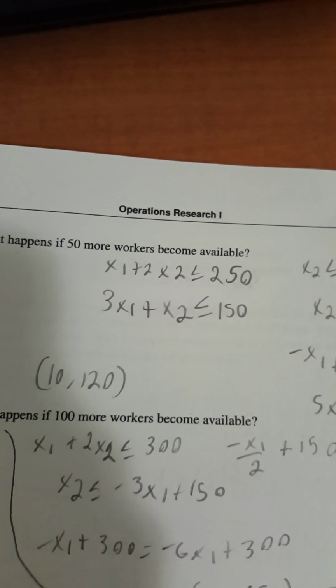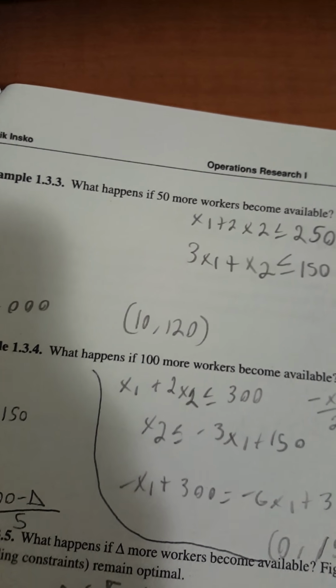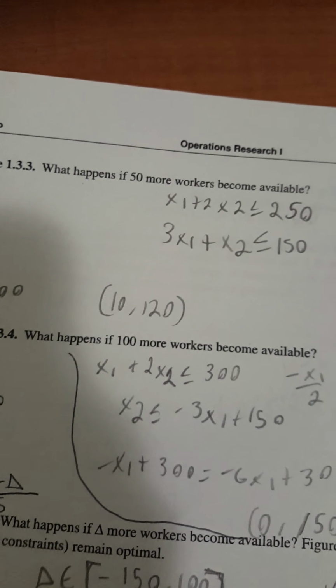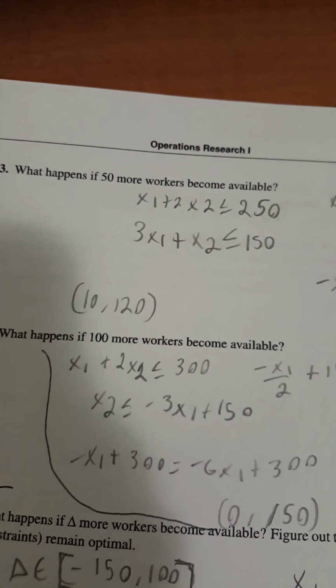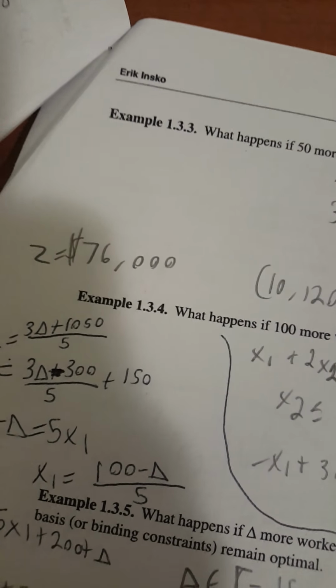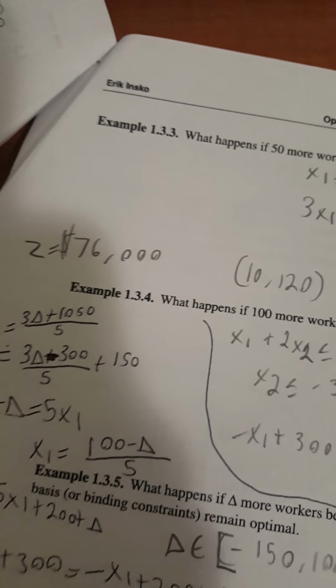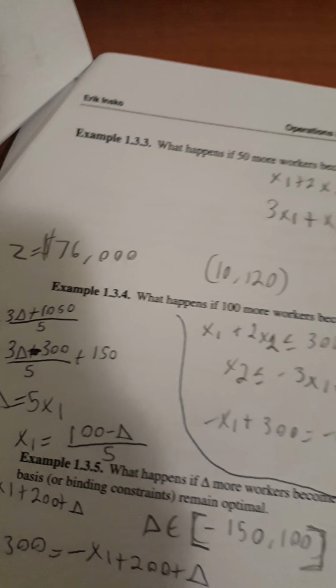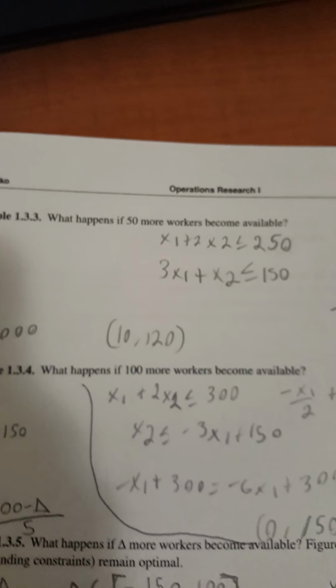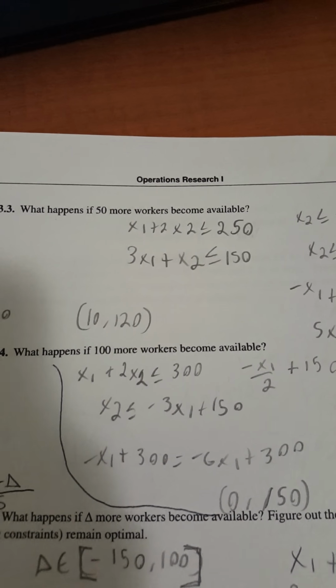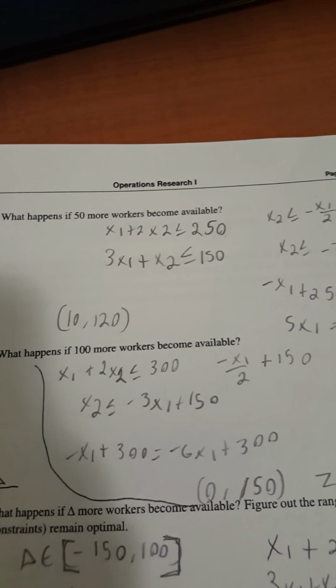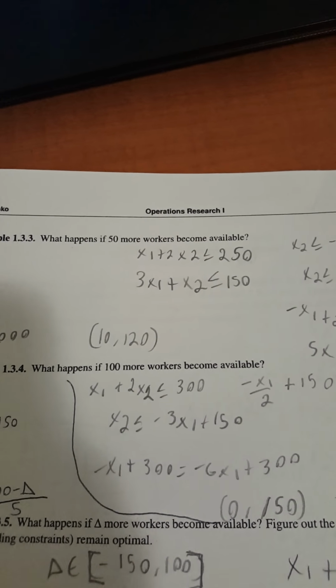Perfect. So notice there's less of the wheat, more of the corn, which means our profits are going way up by a good sum. That's more money than I have for sure. So yeah, workers are more important to this operation than fertilizer.